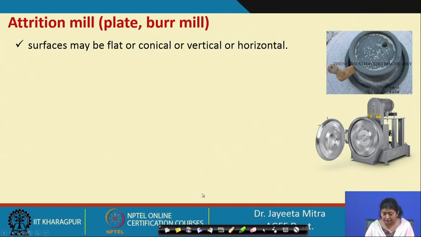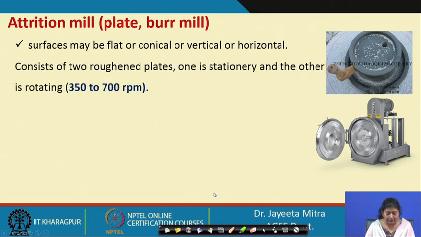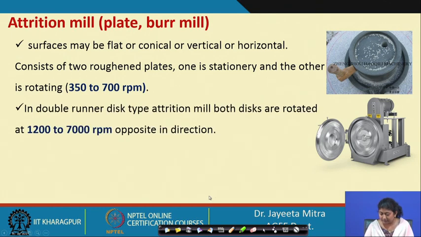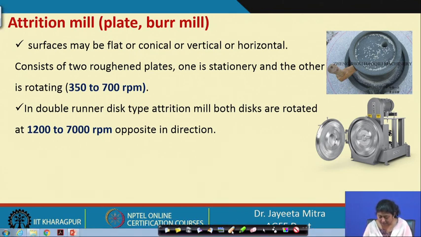It consists of two roughened plates, one stationary and the other rotating with a speed of 350 to 700 rpm. For example, in this vertical attrition mill, the inner one is rotating and the outer one is fixed, but they have a corrugated surface throughout for better effect on the size reduction.